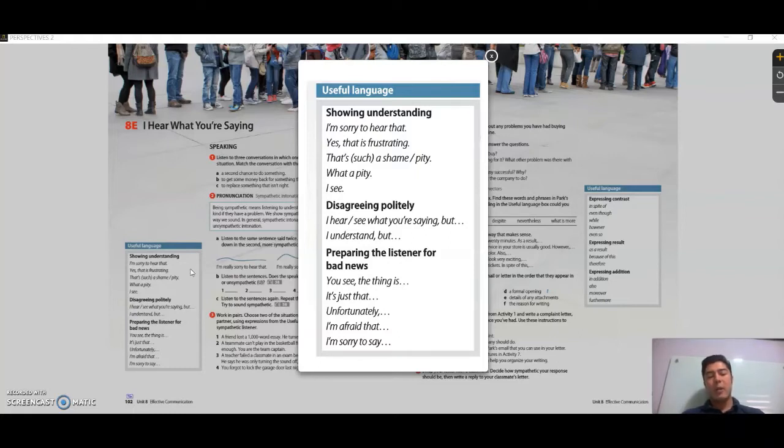An example that we can use in this part is that maybe a pet of your friend dies, and you have to be very careful so you don't hurt their feelings. So it can be, you see, the thing is, your dog died, so you are preparing a person to hear this bad news.